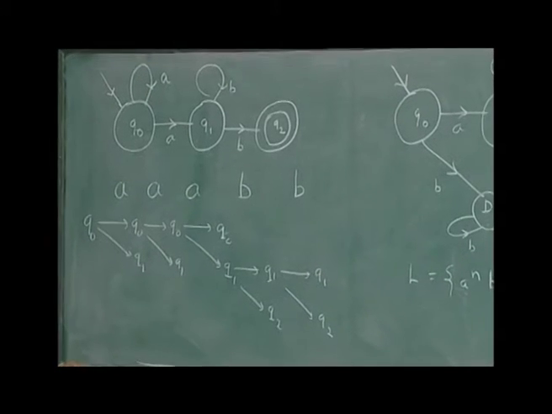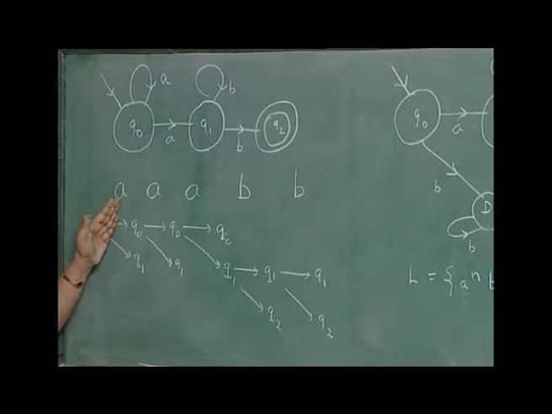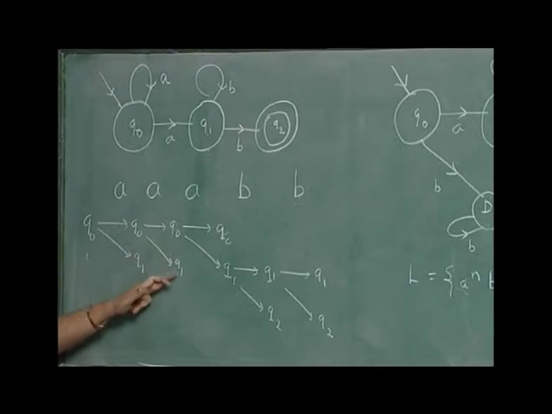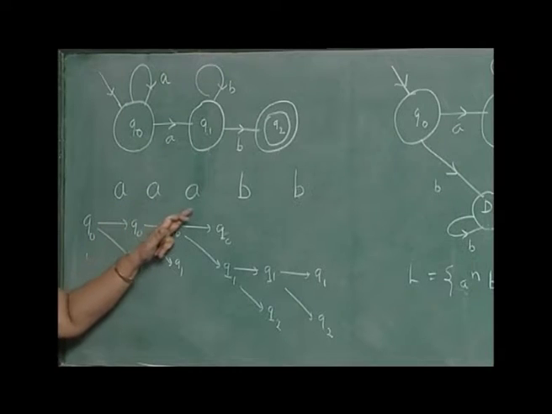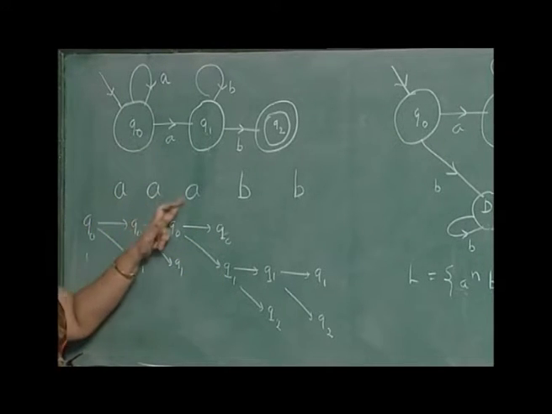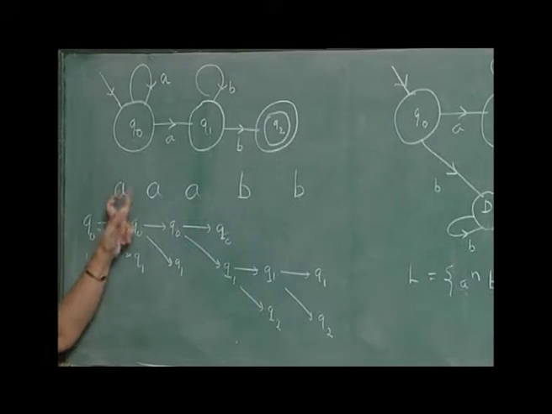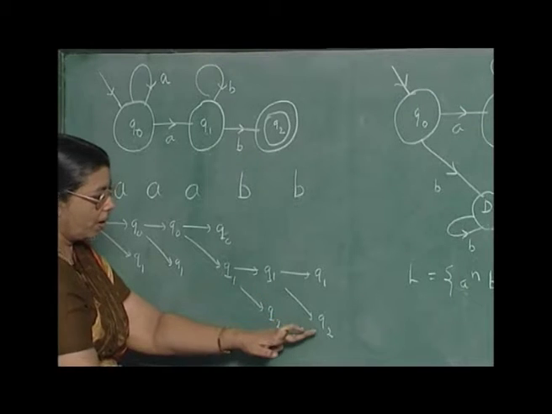So, looking at this way, from Q naught after reading A, it is possible that you can be in Q naught or Q1. After reading AA, you can be in Q naught or Q1. After reading 3 A's, again you can be in Q naught or Q1. After reading AAAB, you can be in Q1 or Q2. After reading AAABB, you can be in Q1 or Q2.